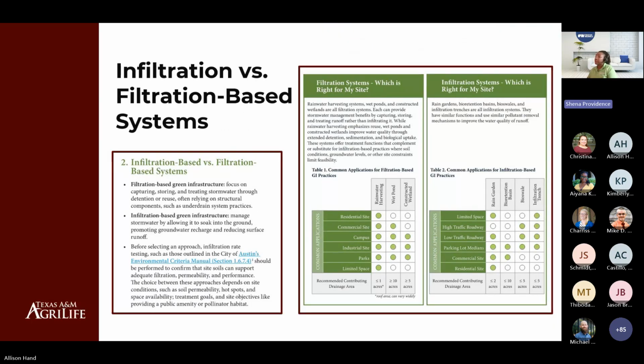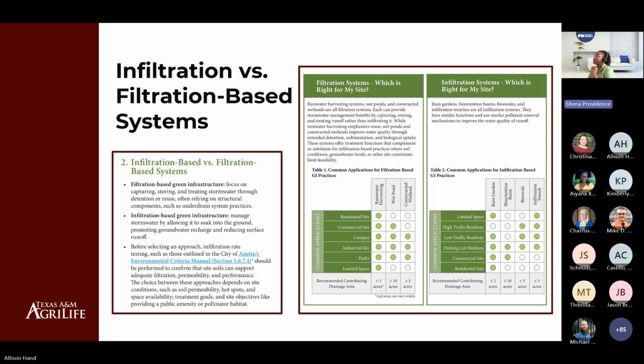The next step is really understanding the difference between infiltration and filtration-based systems. I'll flip what we're seeing on the screen here and start with the infiltration-based definition. Infiltration-based systems are meant to manage stormwater by allowing it to soak into the ground.